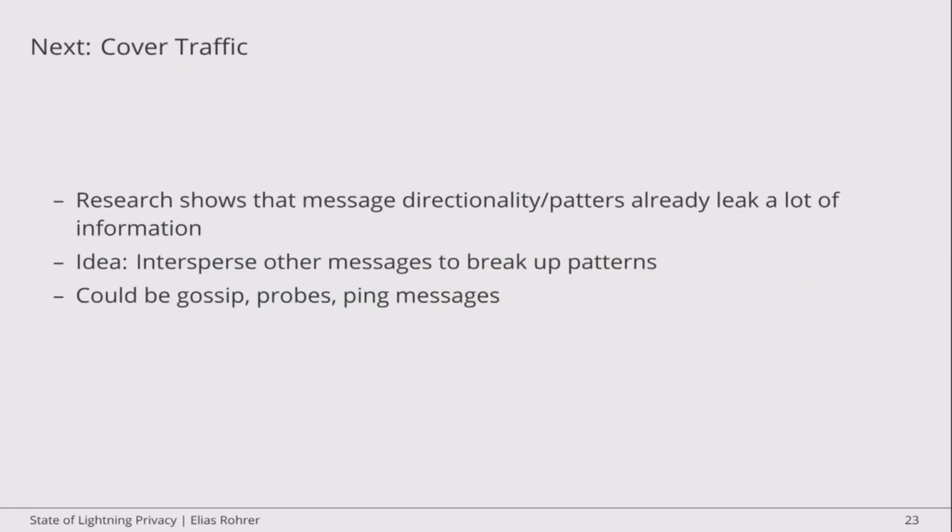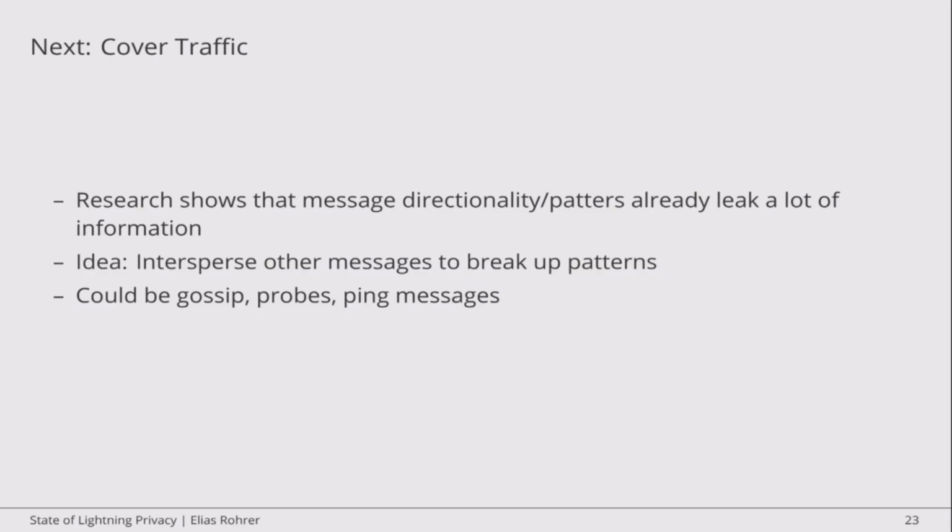And the next topic that we should look into is cover traffic. We haven't really started looking into that yet. There are some ideas. As I said, the research that is ongoing on message padding also showed that we should definitely pad messages, otherwise we're kind of screwed. That is the first thing, but it's also not entirely enough to mitigate especially a bit more advanced classifiers that are multivariate.